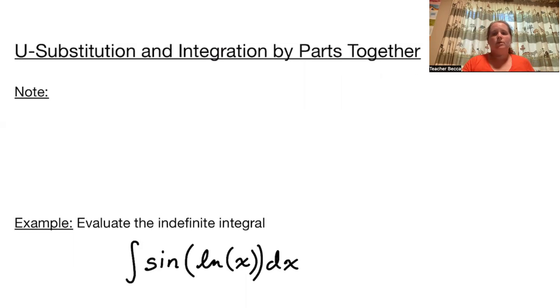Welcome to u-Substitution and integration by parts together. So just a note, not all integrals can be solved with just using one technique.